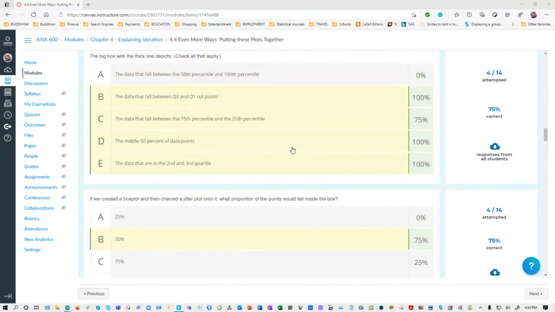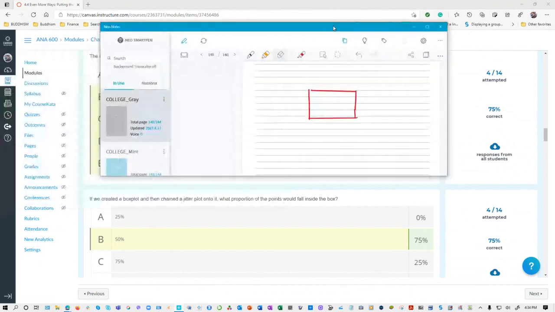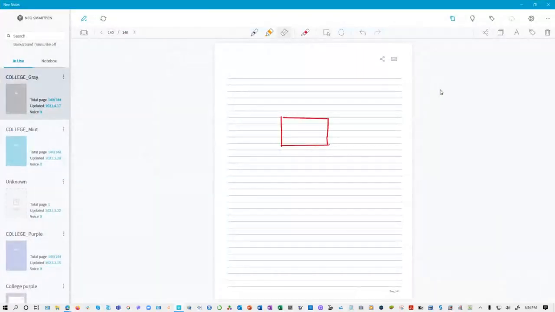What is the relationship between these? Q3 we sometimes call the third quartile, or percentile wise, we can say the 75th percentile.